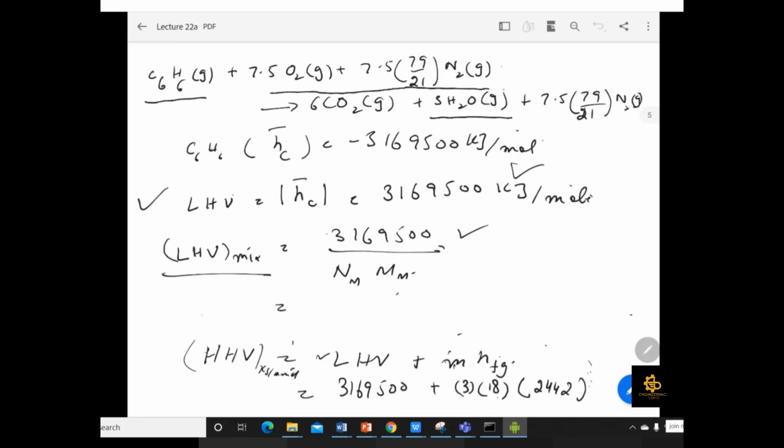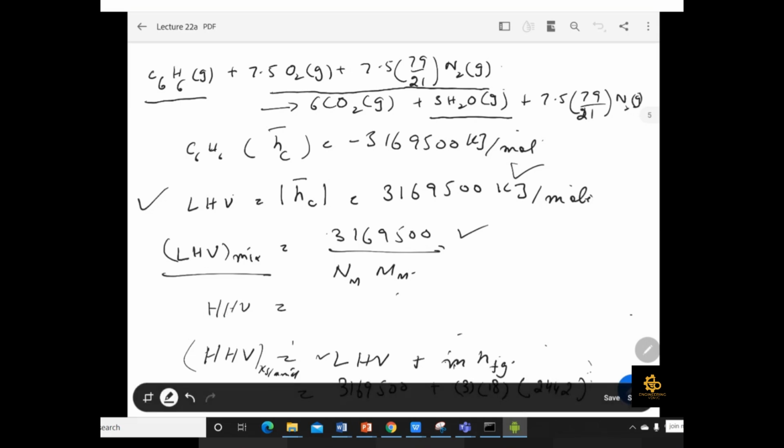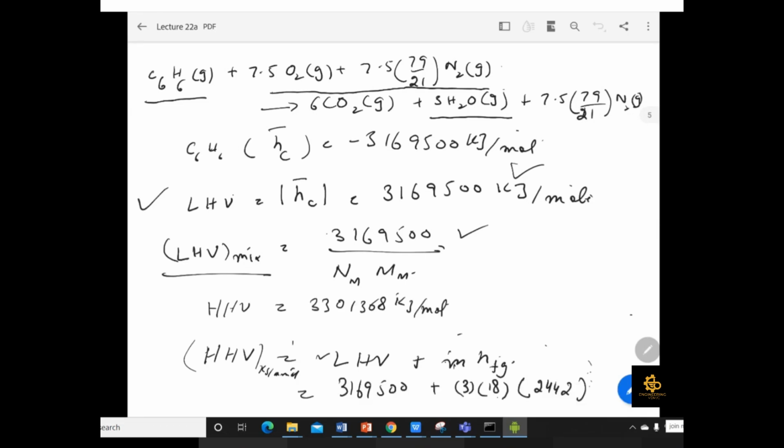So the higher heating value, if I solve it, will be 3301368 kilojoule per kilomole.